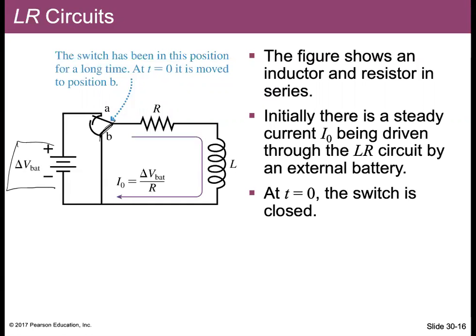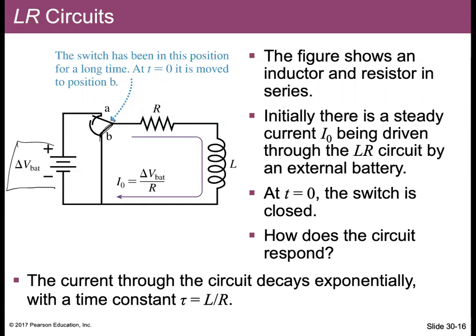At T0, the switch is closed. How does the circuit respond? So the current through the circuit will decay exponentially with a time constant in this case of tau equals L over R. And so we see that unlike an RC circuit, where tau equals RC, in this case, tau is inversely related to the resistance and directly related to the inductance.